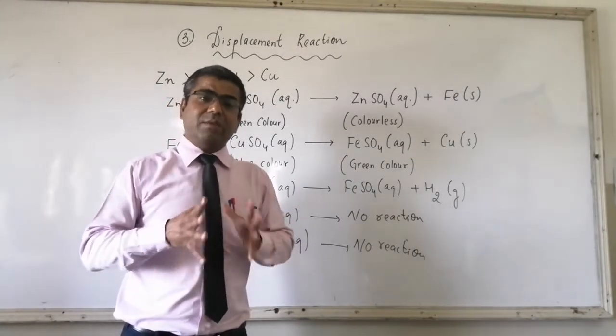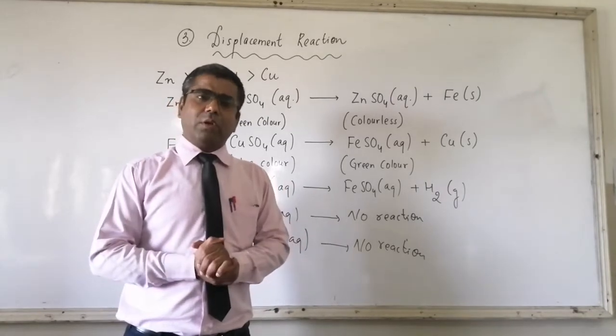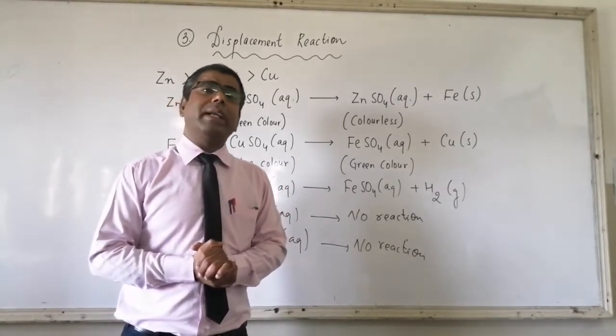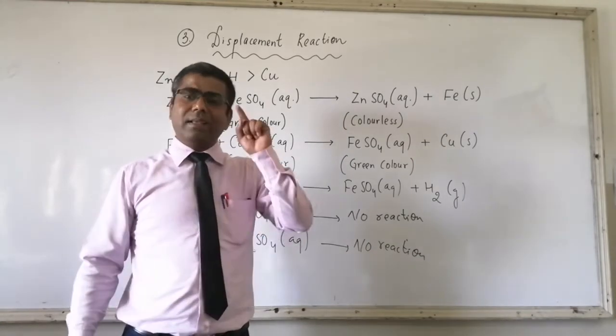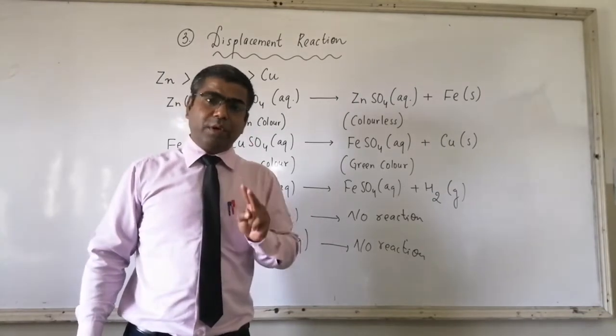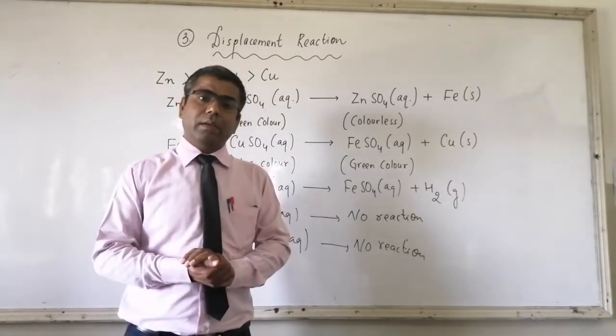Zinc sulfate is a white color solid, just like common salt or sodium chloride. So zinc sulfate is called white vitriol. So iron sulfate, green vitriol; copper sulfate, blue vitriol; and zinc sulfate, white vitriol.